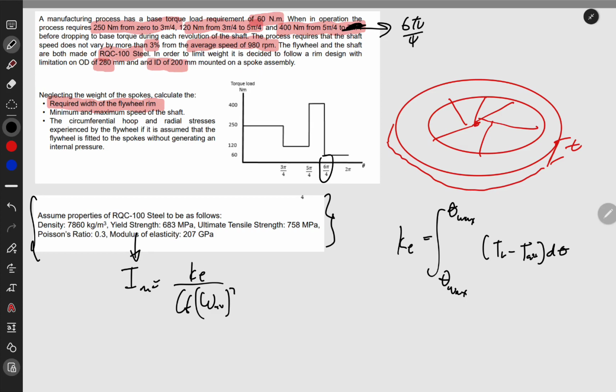Also, they give us our average here. So omega average is going to equal 980 times 2 pi all over 60. Let me compute that.